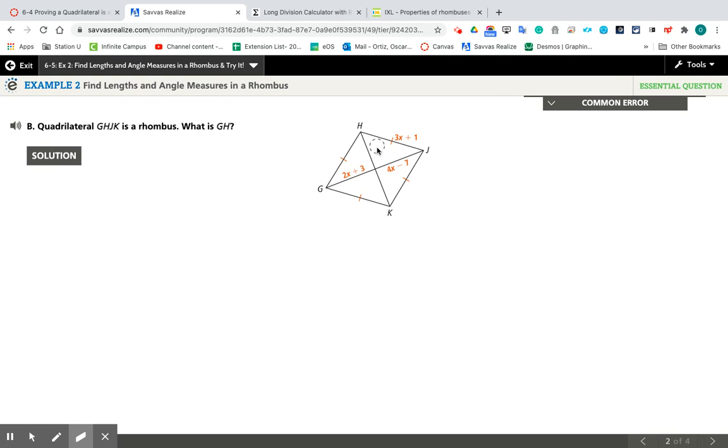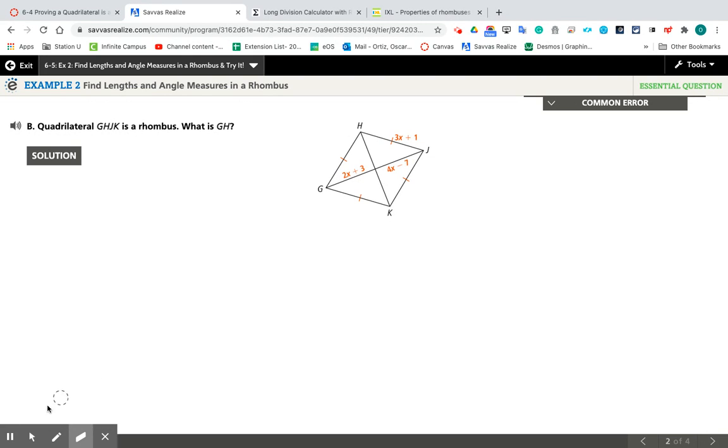And here they are asking us what GH is. And here, of course, you know that all sides are congruent. So if this is 3x plus 1, of course, that is also going to be 3x plus 1.